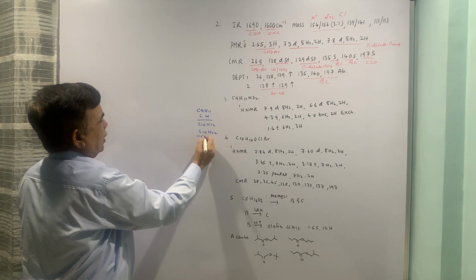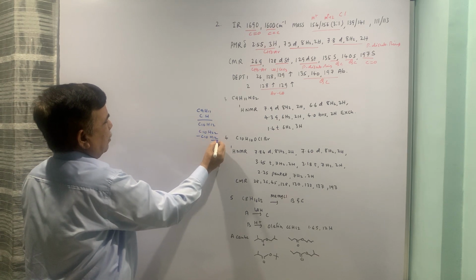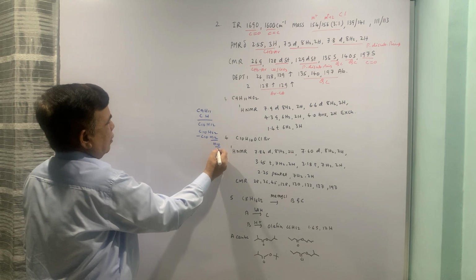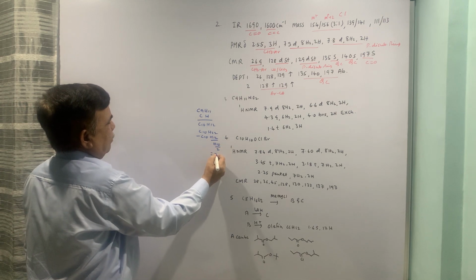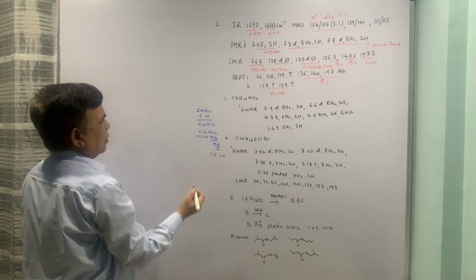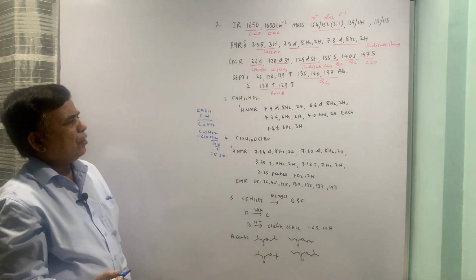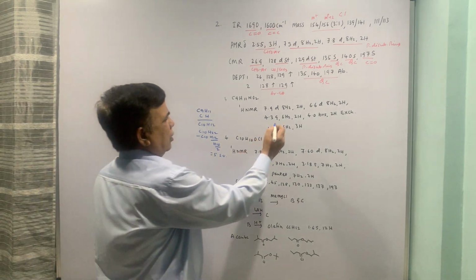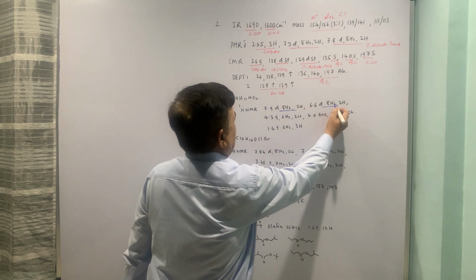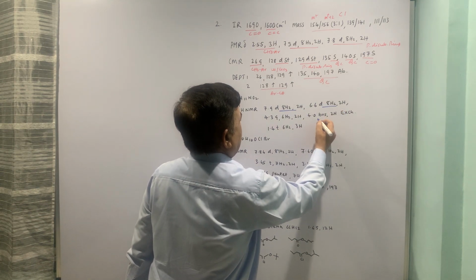C10H22 minus C10H12 gives 5 sites of unsaturation. So you can think of an aromatic ring also. This suggests that it is a para disubstituted ring.